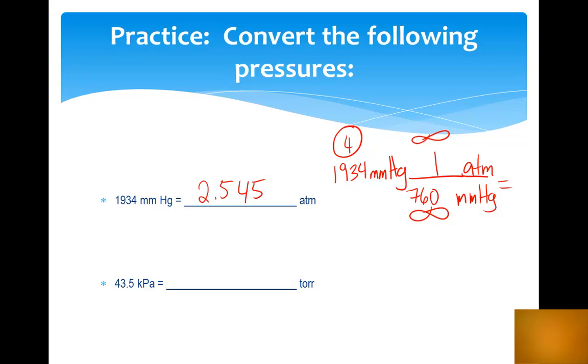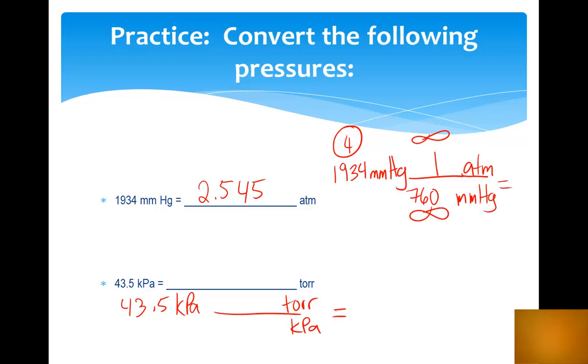2.545 atmospheres. Now, if we wanted to solve the next conversion, again, the same process that we've been doing all year. 43.5 kilopascals. Kilopascals on the bottom because we want that to cancel. The unit that we're going to on top because that's what we need.